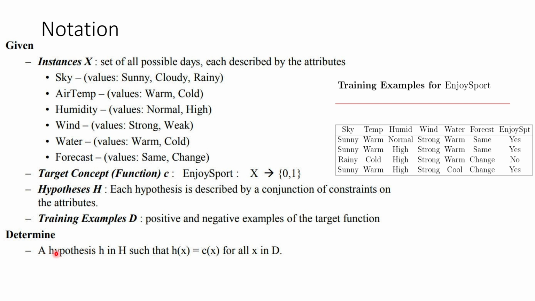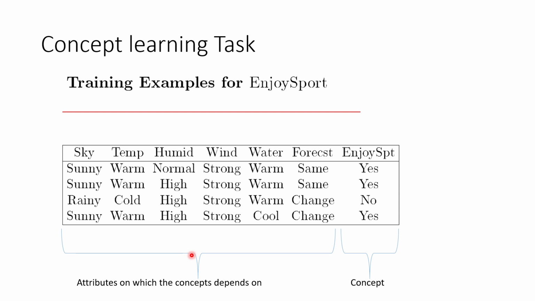A hypothesis h in H is such that h(x) equals c(x) for all x in D. This is the data set we are going to use, having 4 entries. In that, 3 are positive examples and 1 is a negative example.